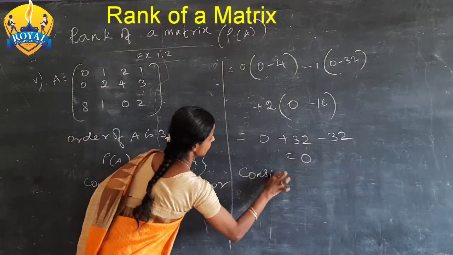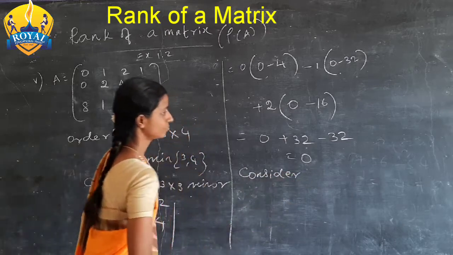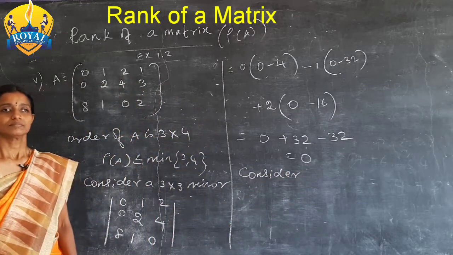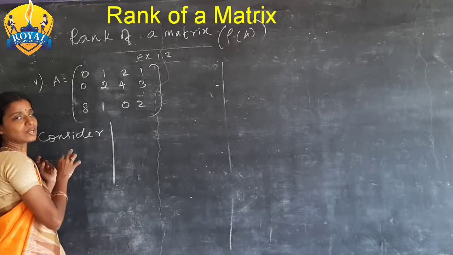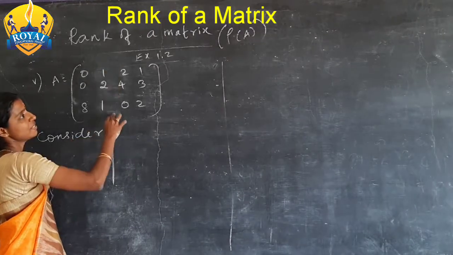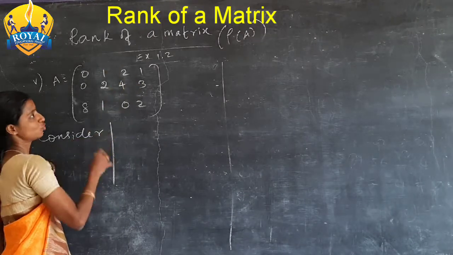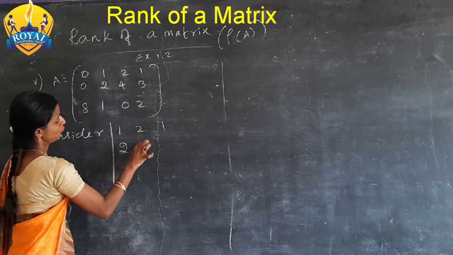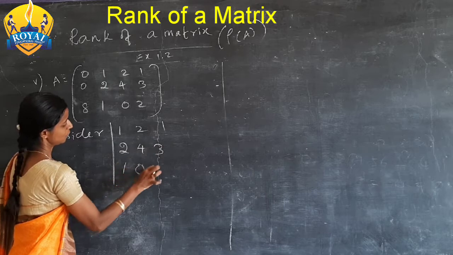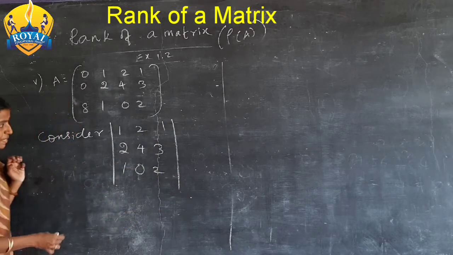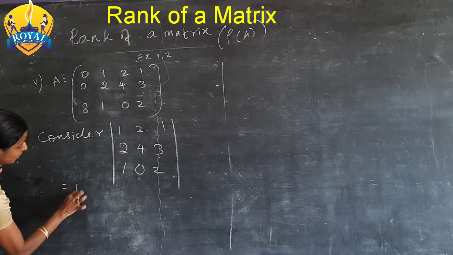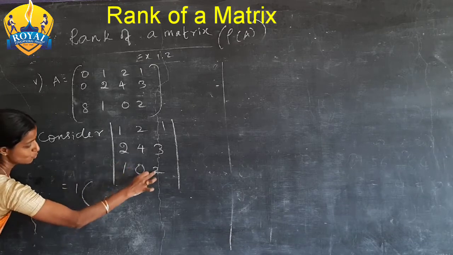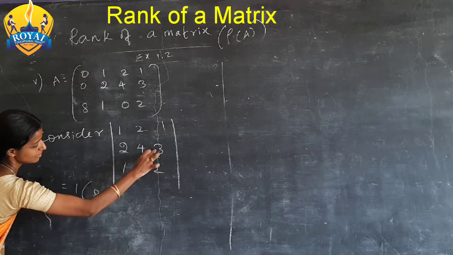So let me consider second column, third column and fourth column: 1, 2, 1, 2, 4, 3, 1, 0, 2. Let me expand this directly. 1 into 4 twos are 8 minus 0.